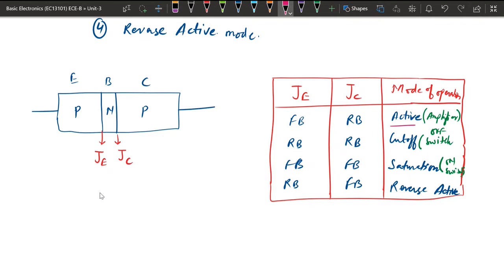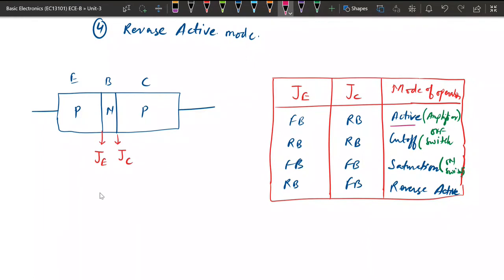If the emitter junction is reverse bias and the collector junction is also reverse bias, it is considered cutoff mode. In cutoff mode it behaves like an open circuit, that is, an off switch, so it is used as a switching application.